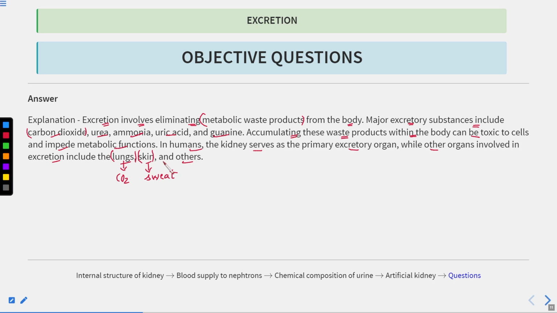In skin, sweat glands are present, and these sweat glands release the sweat, which contains some traces of the urea as well as the uric acid. So they are also a type of excretory organ.